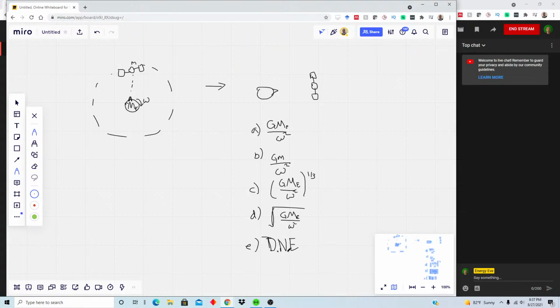Okay, so our mission, find out what's the geosynchronous orbit. And so let's see if we can figure something out. It's kind of weird the way it's prefaced, because it says that the satellite is in geosynchronous orbit with the Earth.